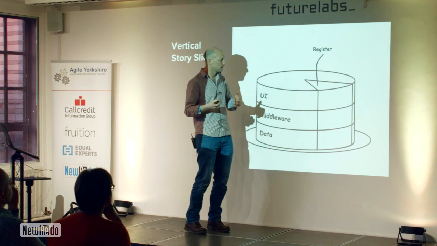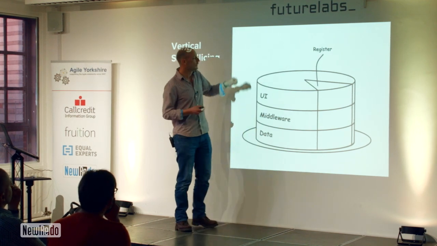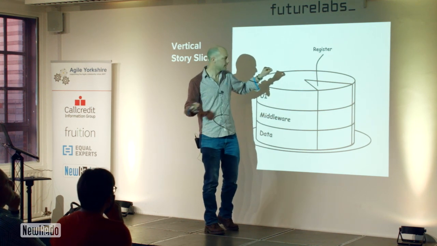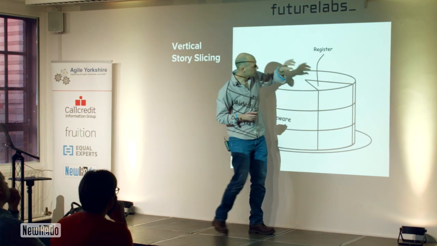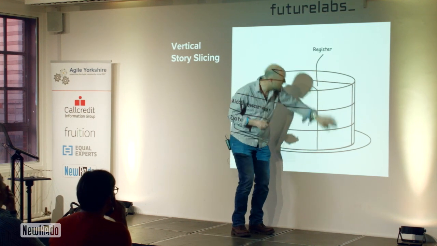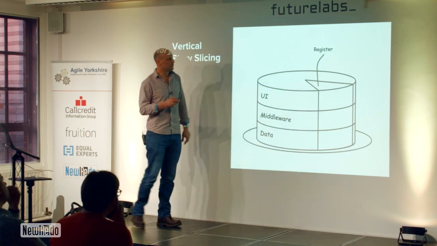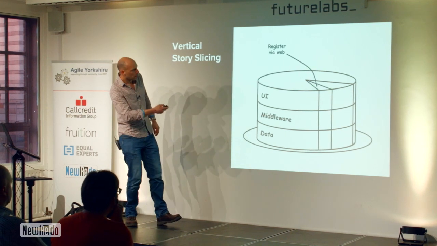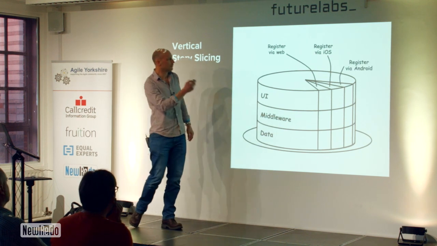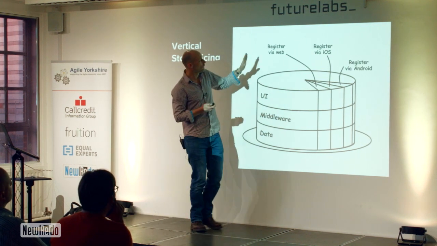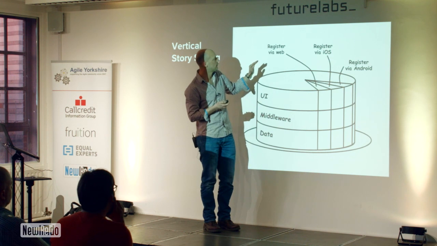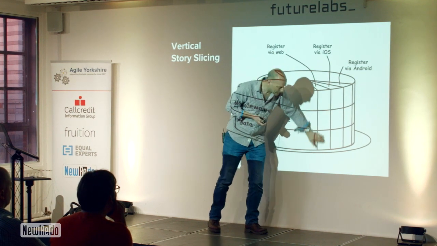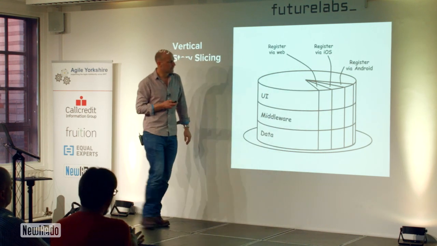Imagine you are constructing a cake or eating a cake in reverse. Then you would construct that cake, if it were software, not a cake, and indeed not a cat nor a dog, vertically. So you would build slices like that. And if you split register into register via web, register via iOS and register via Android, then you've done some story splitting there, and you would say, register via web's our highest priority, so we're going to build that little thin slice vertically first.